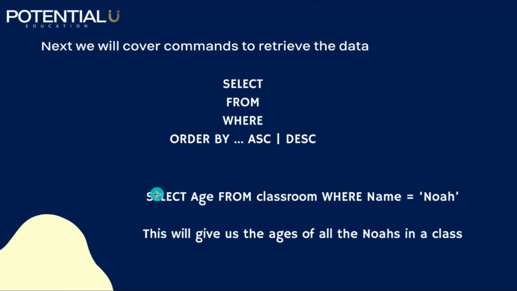So here, if I were to say, select asterisk from classroom where name equals Noah, then that's just going to get everything from the classroom where the name is Noah. So that might be the subjects that they take or whether they've got any allergies or stuff like that. It's a very broad way of getting exactly what you want, and then you can narrow it down from there, even to just see whether the data that you need is in that table in the first place.